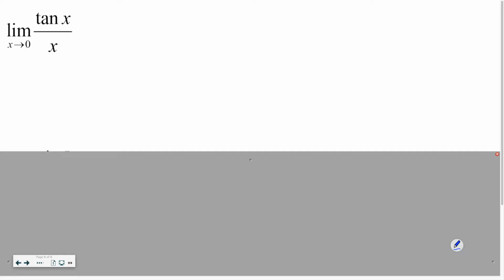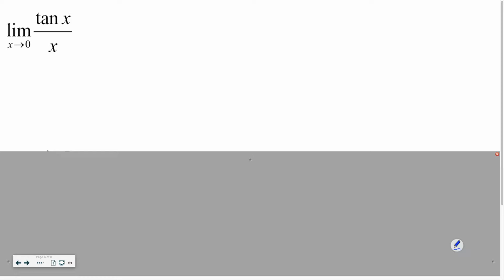We always start with direct substitution. What happens when we direct substitute? 0 over 0. Not ideal, but probably means we can do some finagling.